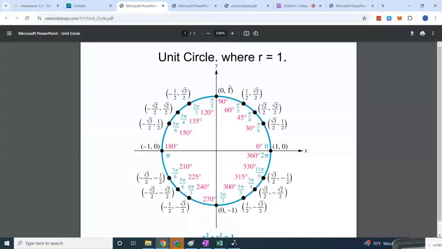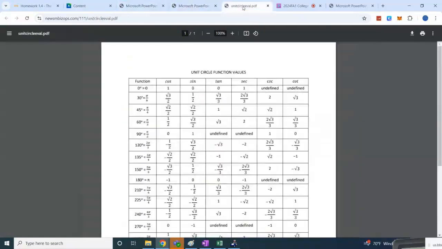On the unit circle, however, we discussed that the x values are cosine values and the y values are sine values. And this unit circle gives you only the sine and the cosine values, whereas the unit circle function value sheet gives you all 6 trig functions.